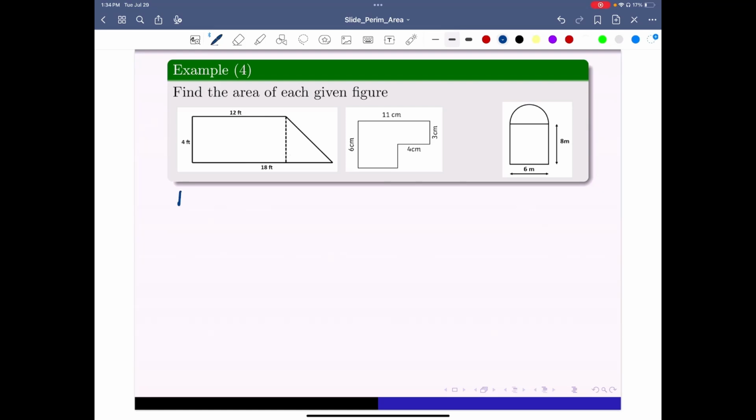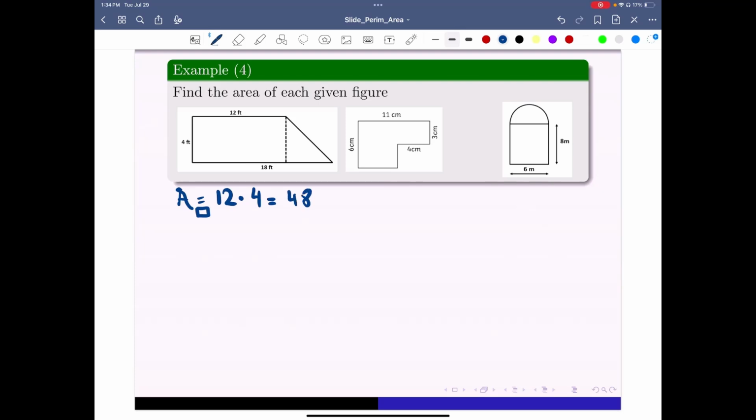So area of a rectangle, let's call it area 1. Area of our rectangle would be equal to length, in that case length is 12, times the width, which is 4. 12 times 4 is 48.